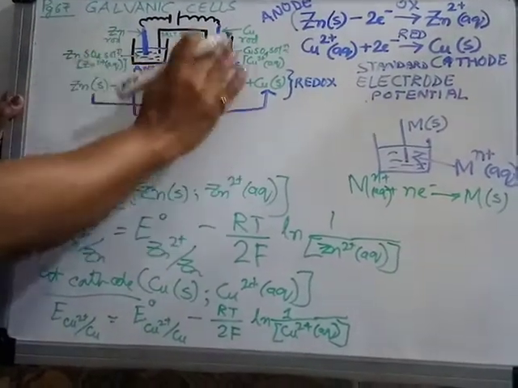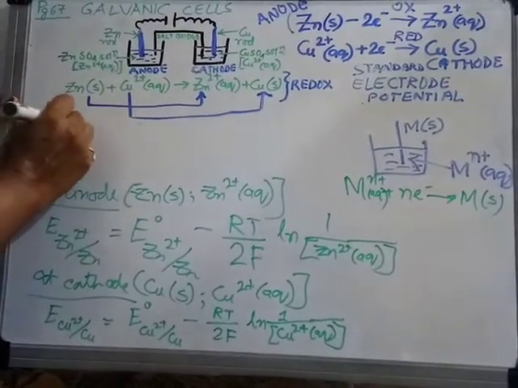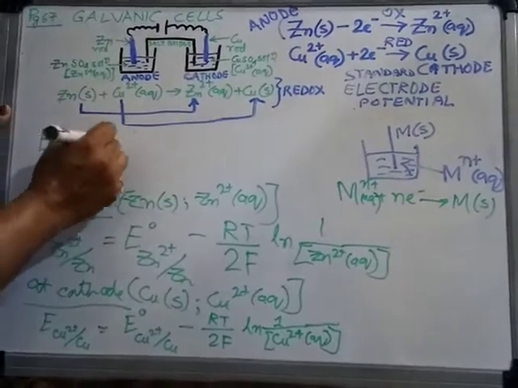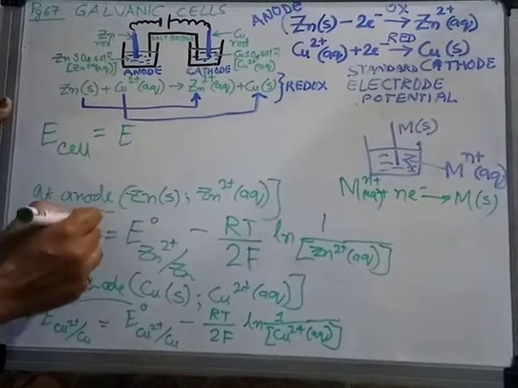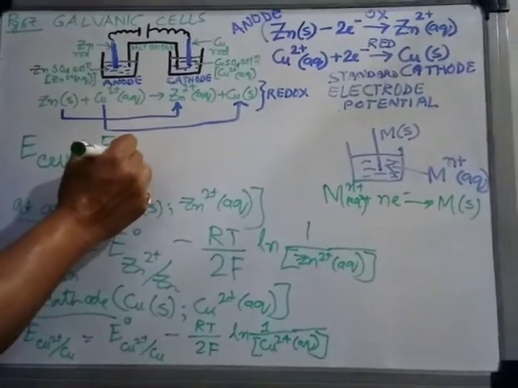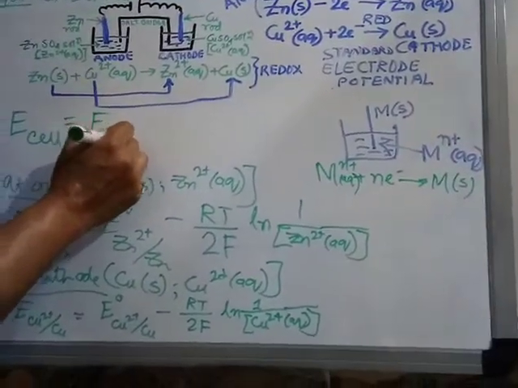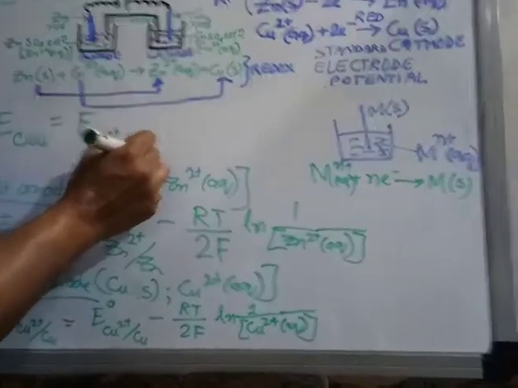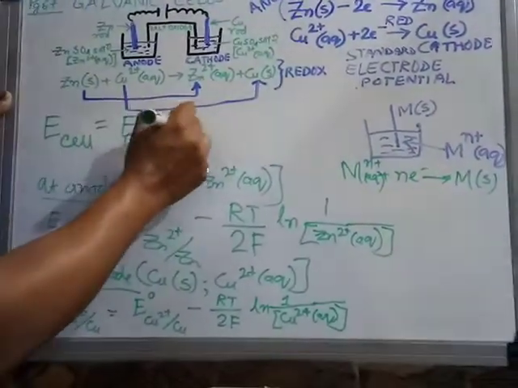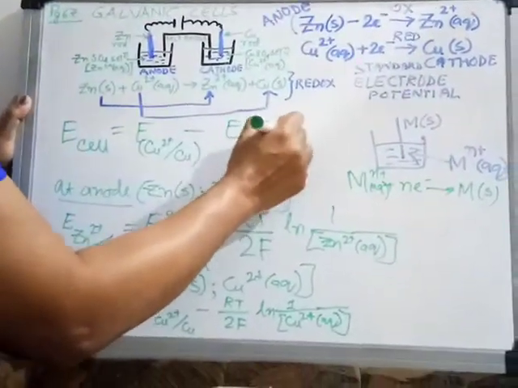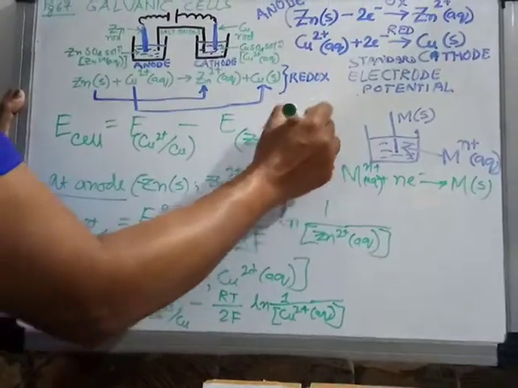Then if we want to calculate for this total one, how did we calculate? Remember, E cell was equal to E of this, our cathode, minus this, our anode.